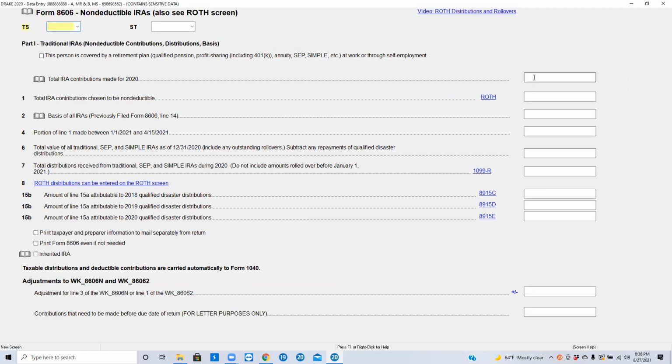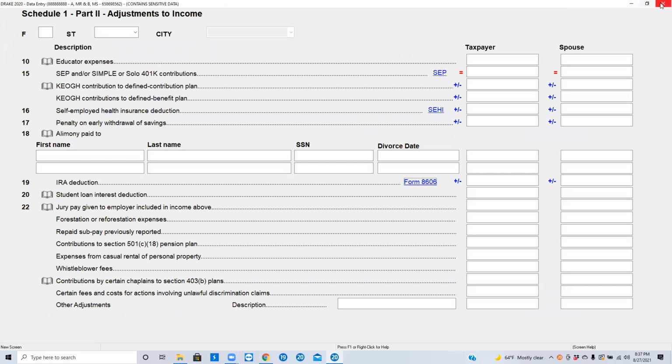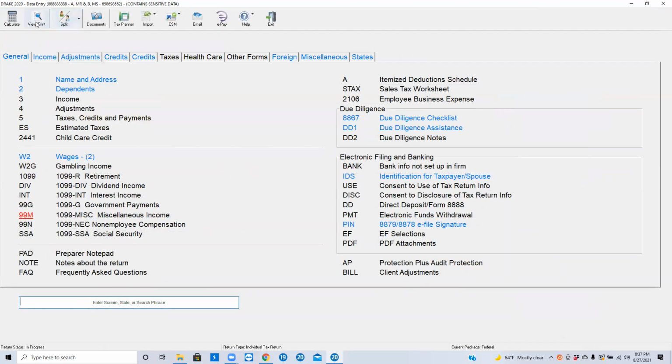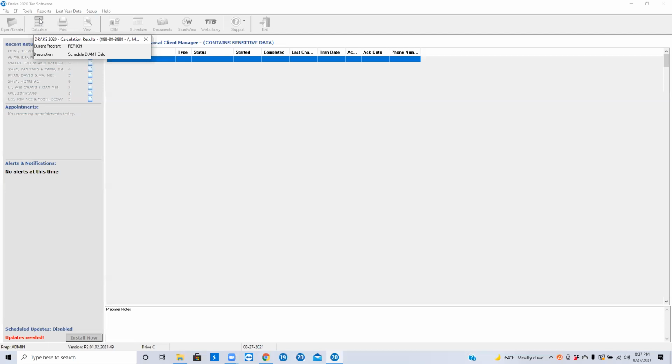Now, the first one is the taxpayer. Let's say this person would like to put 6,000 into it. Now, if he doesn't want to put it in as non-deductible, let us see whether the program says he's qualified or not. Now let's put it in. This is what he intends to do, but whether or not the law will allow him to do it. Now let's look at it.